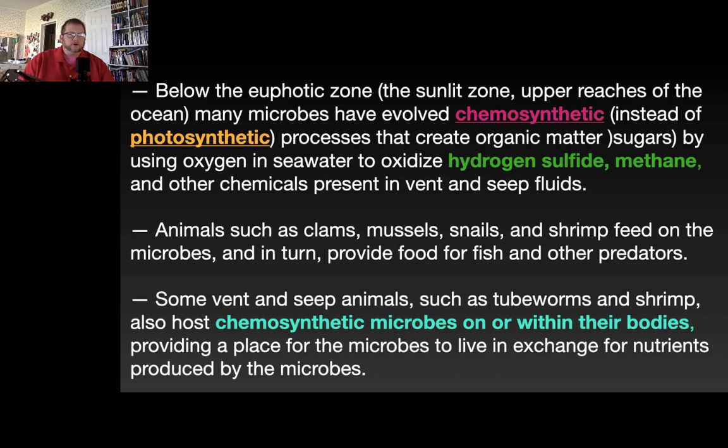There are also tube worms and some shrimp that have chemosynthetic microbes, that's the microbes that do chemosynthesis, on their body or in their body. So they're basically providing a place for the microbe to live in exchange for the nutrients that it produces. So that's kind of the process of chemosynthesis.